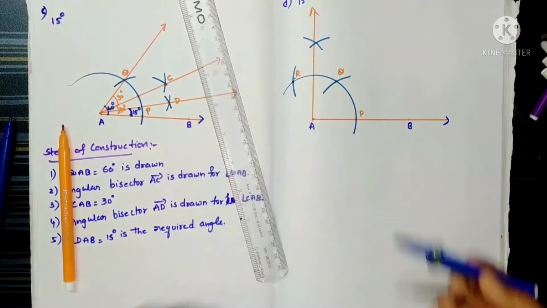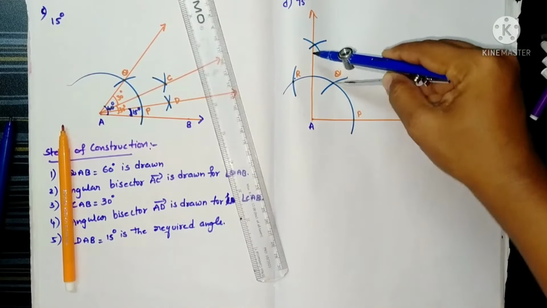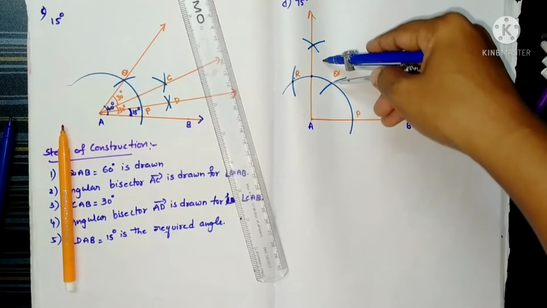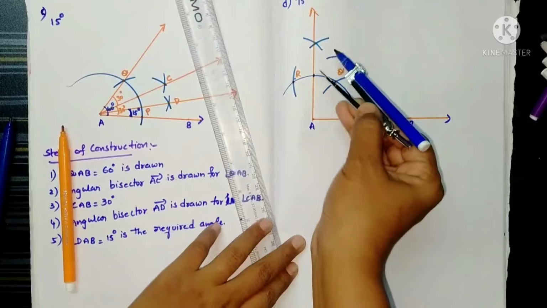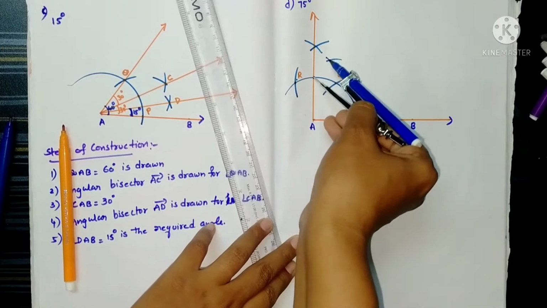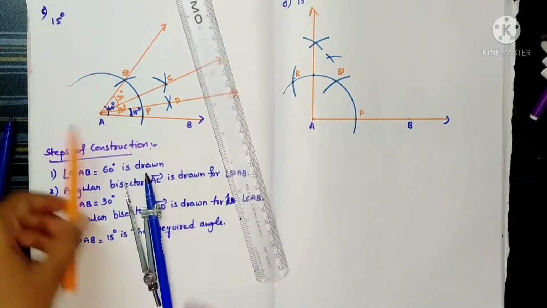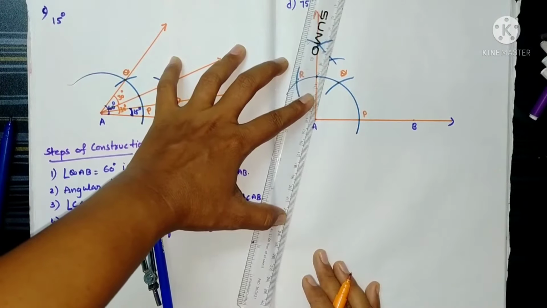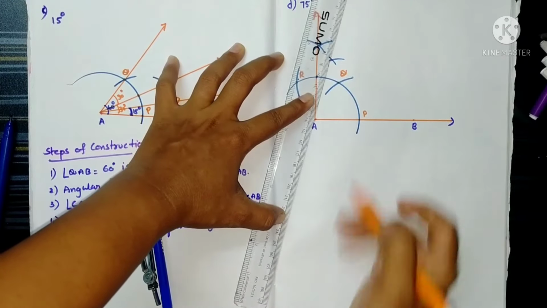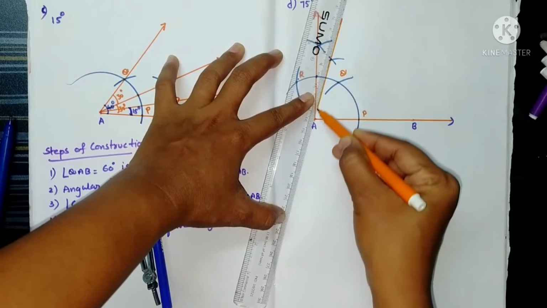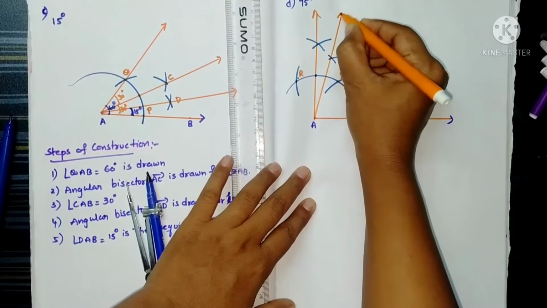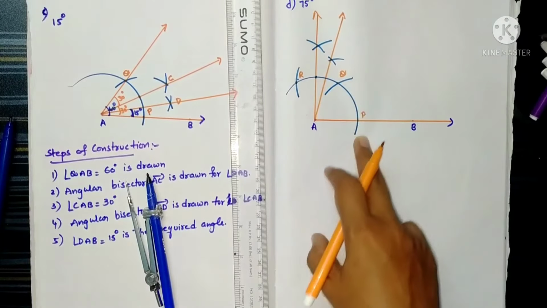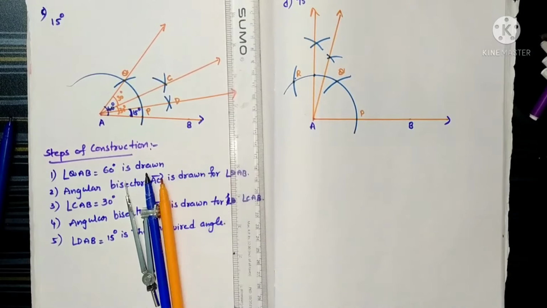So from here to this intersecting point, with this radius, draw an arc from Q and again from this intersecting point also. So now from here to here 15 and here to this total 75.